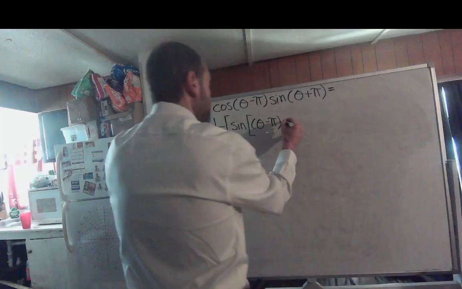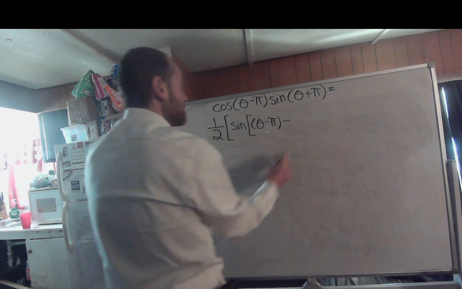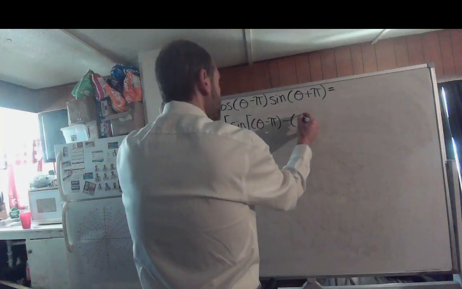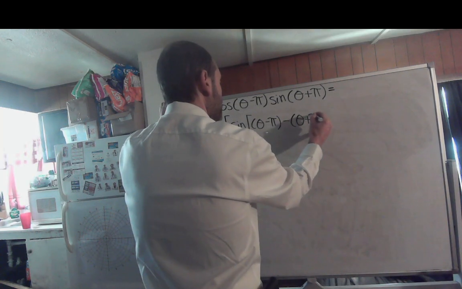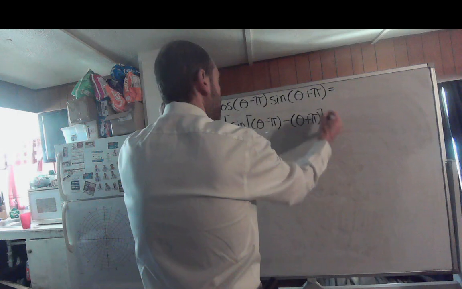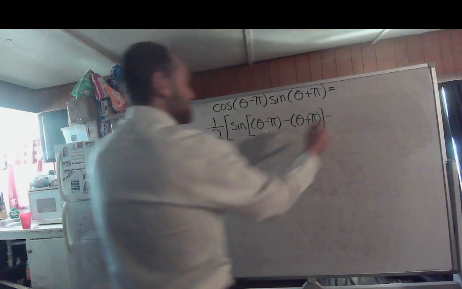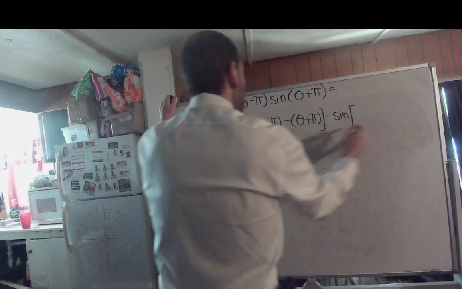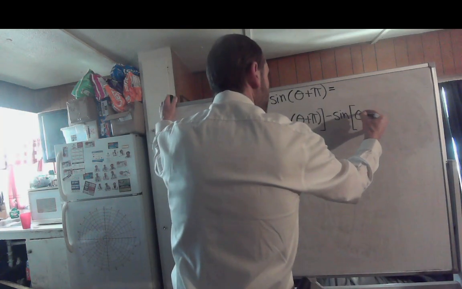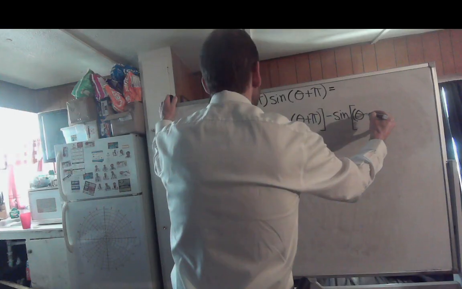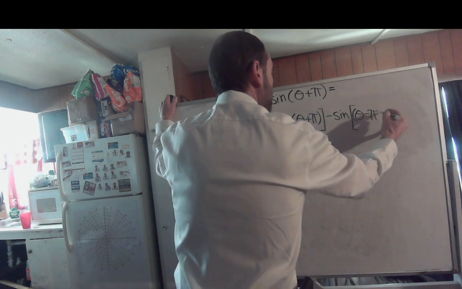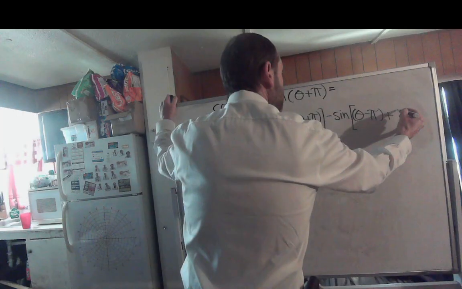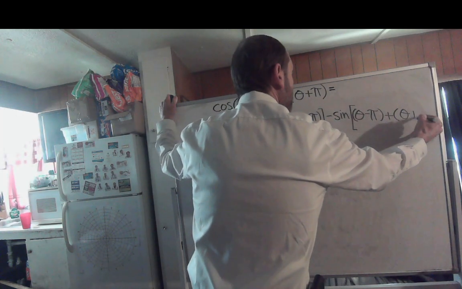Then that would end up being minus that theta plus pi. All that would be minus the sine of theta minus pi plus theta plus pi.